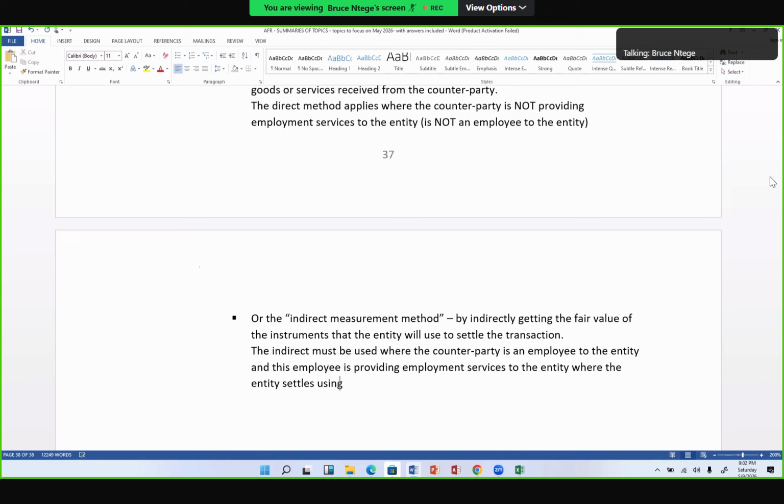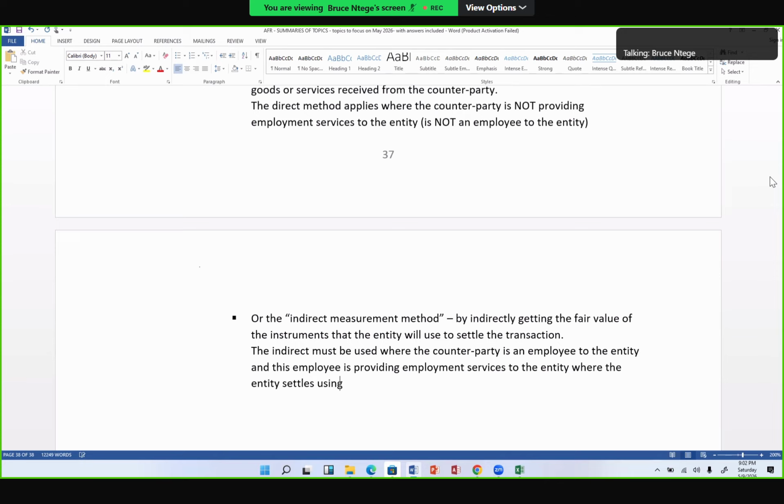Now, in most of your exam questions, you are actually going to get the indirect method. In most of your exam questions, the counterparty is going to be an employee. That's what to note here. Note that the exam question usually has the counterparty as an employee of the entity, providing employment services.